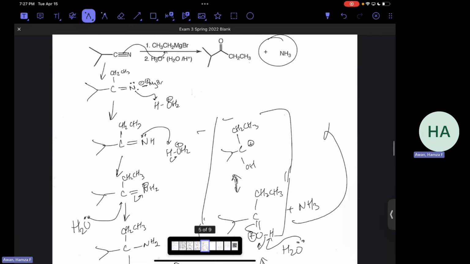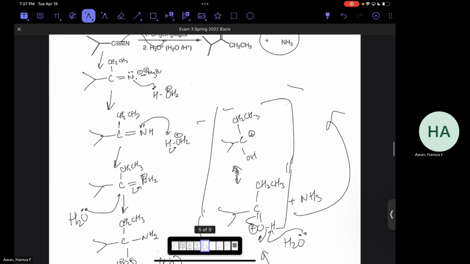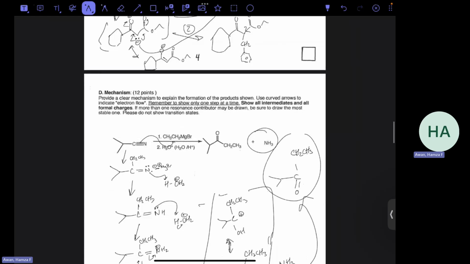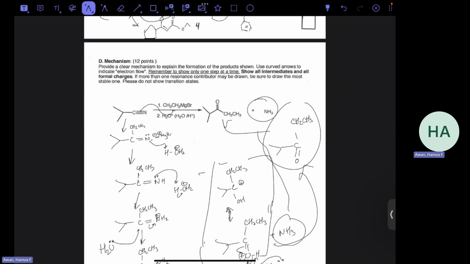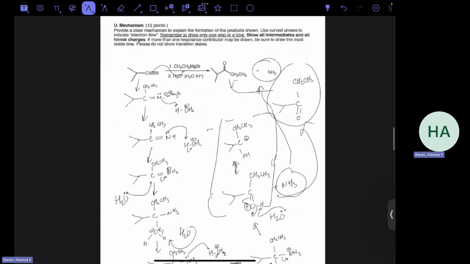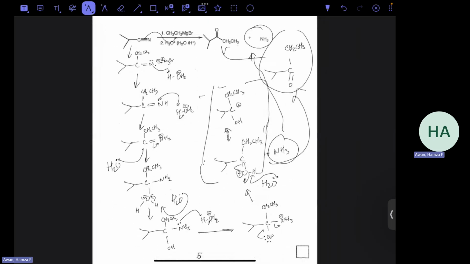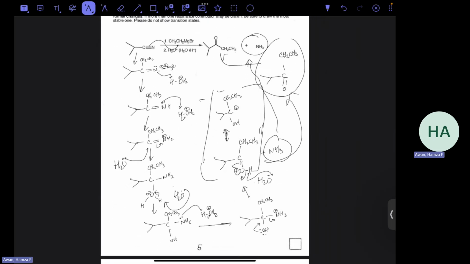And we have our final step, which is just our carbonyl, the double bond on the oxygen, plus CH2CH3. And that is our other product right here. And our NH3 has been created already right there. All right, so that is the mechanism.